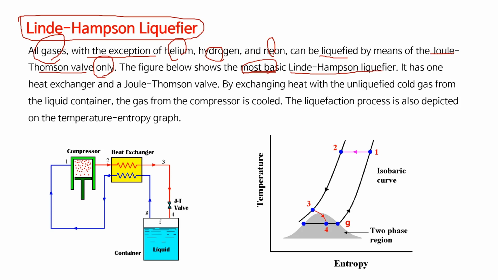Okay. The figure below shows the most basic Linde-Hampson liquefier. It has one heat exchanger and a Joule-Thomson valve. Heat exchange is used to cool down the gas from the compressor to the Joule-Thomson valve by exchanging heat with the gases from the container, which is very cold.